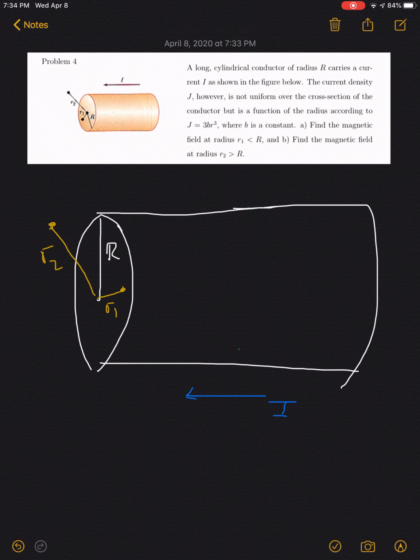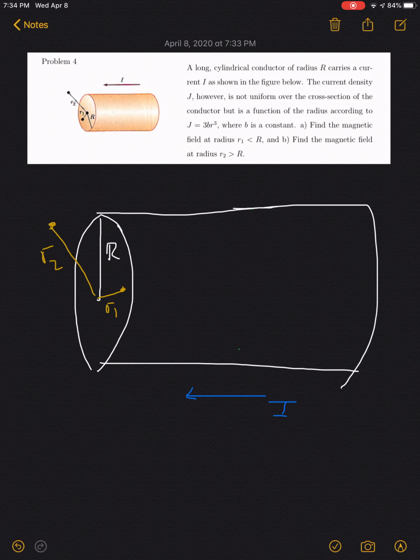Now, when you go outside of it, let me just give a quick preview. You fully expect the result to be similar in essence to just the magnetic field due to a long straight wire. We've already accomplished this. The difference is that you have to compute the actual current that's enclosed in the wire, and that's given by the current density.